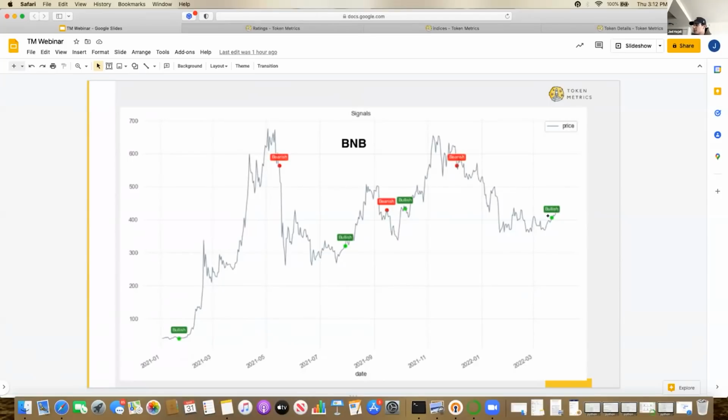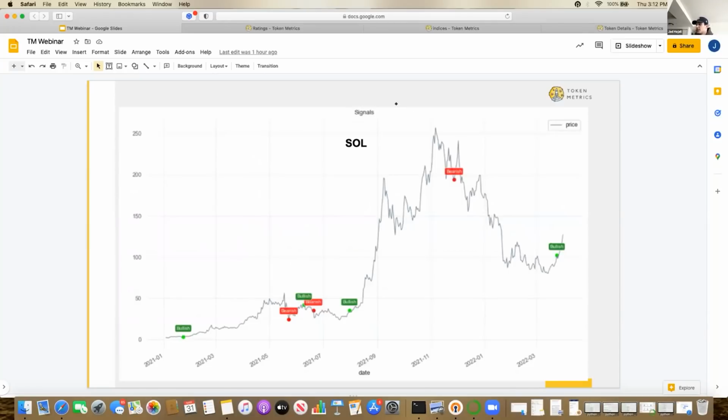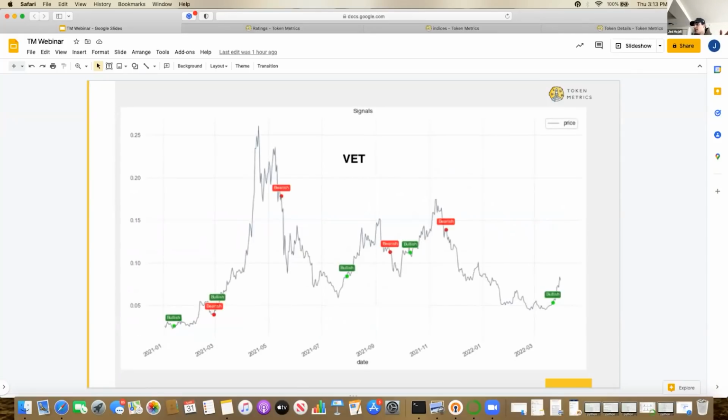And more recently, in the past, I think, 4 or 5 days, we got a bullish signal, and here we had a bearish signal as well. Another quick example is Solana, where most recently we had a bearish signal at around $200, and the most recent bullish signal was around 100. VeChain as well, very, very good performances. We were able to catch huge rallies and then exit big drawdowns.